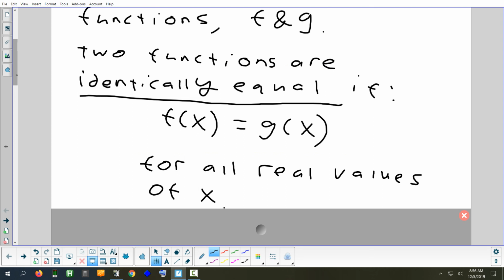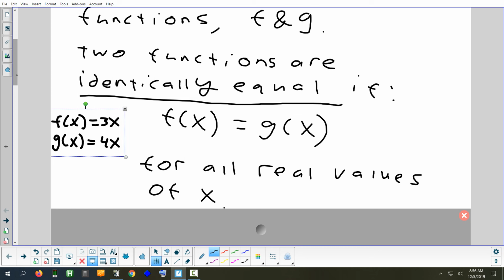So here's an example of 2 functions that are not equal. F of x equals 3x. G of x equals 4x. They might be equal some of the time. Like if you plug in 0 for x in the top one, what do you get? 0. What if you plug in 0 for x in the bottom one? You get 0 again.